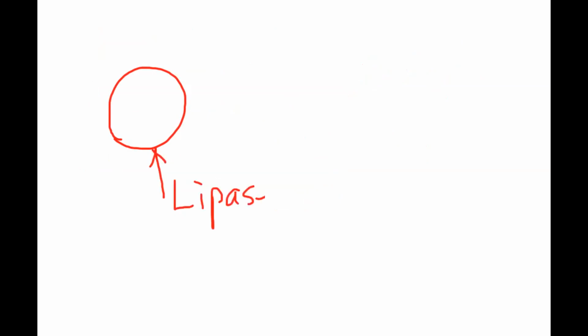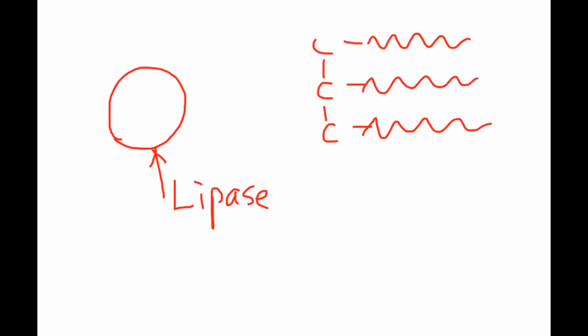So let's say these triglyceride molecules come in as a big particle, and the enzyme which can chemically digest the triglyceride is called lipase. Lipase can break down these triglyceride molecules. Let me use a different color here. This lipase can break down these bonds. If you only break down one, like here, then you make the diglyceride.